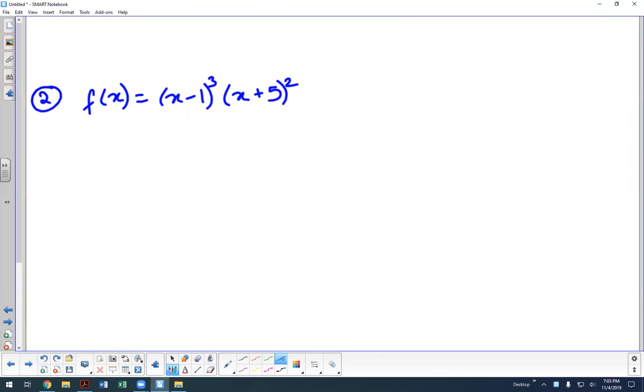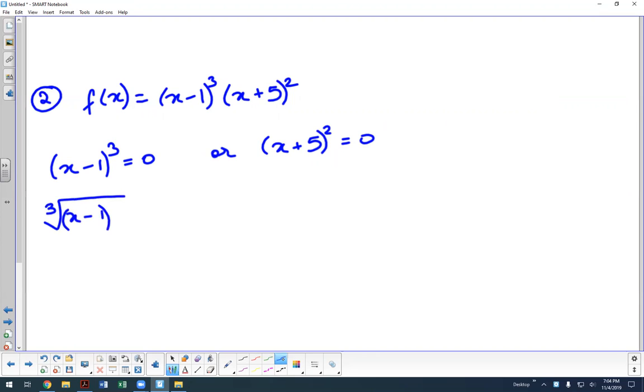Take each factor, set it equal to 0. And what will our x-intercepts be coming from these two factors? Yeah, +1, -5. You can start by taking a cube root on both sides of our equation here. Of course, cube and cube root will cancel each other out. And just move that one to the other side.